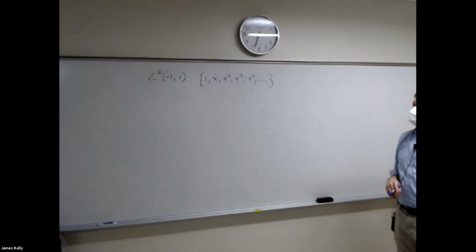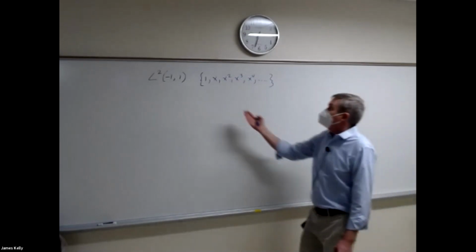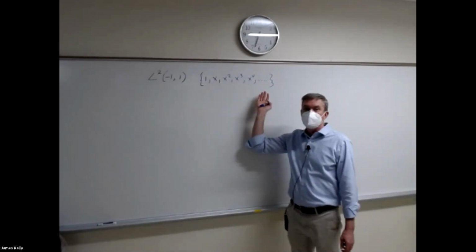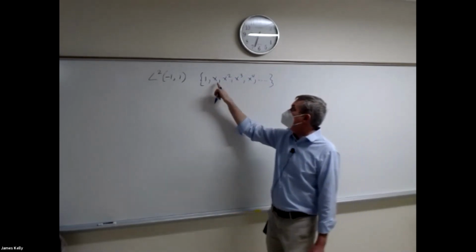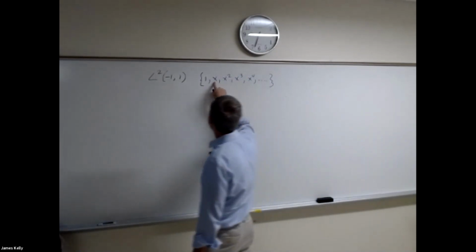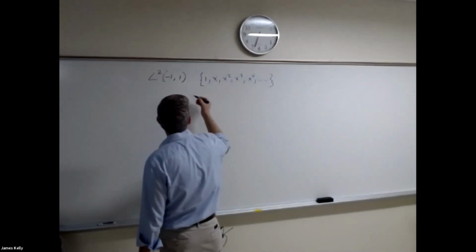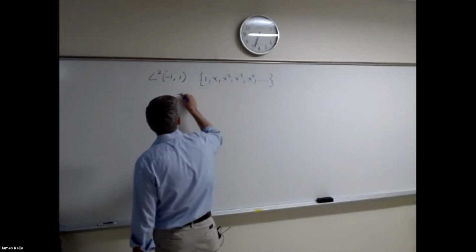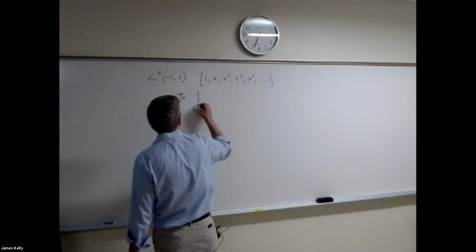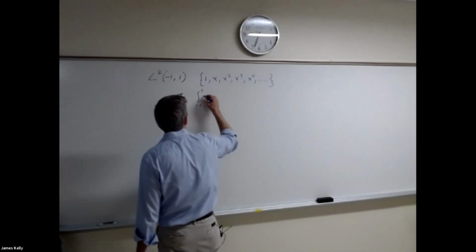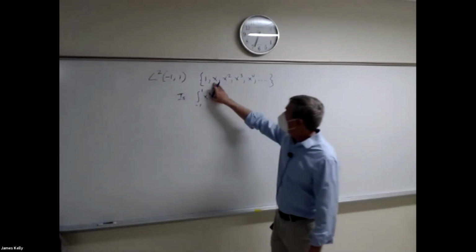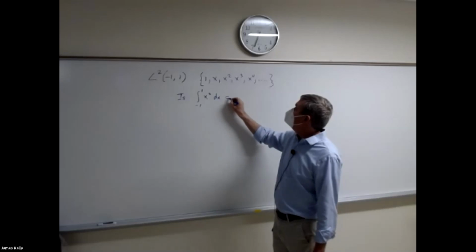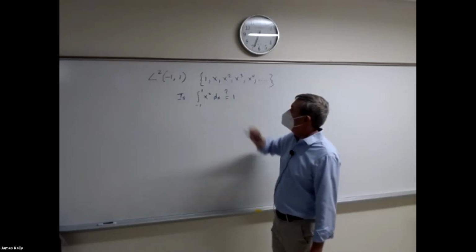Now, are these normalized? Well, we could try. If we ask ourselves, is the vector x normalized? That's asking the question, is the integral from -1 to 1 of x squared dx, which would be the inner product of this vector with itself, equal to 1?